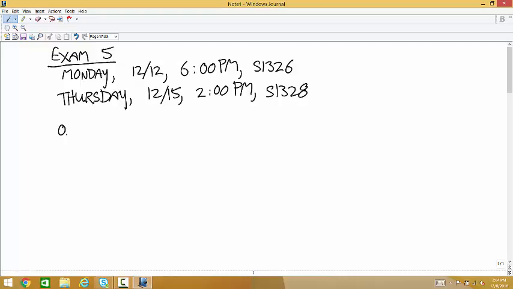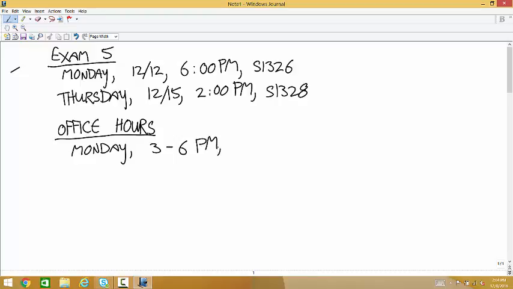And my office hours for next week. On Monday, it'll be from 3 to 6, next door, where my Monday office hours always are, in the lab, 1324. And then Tuesday is in my office from 1 to 2.